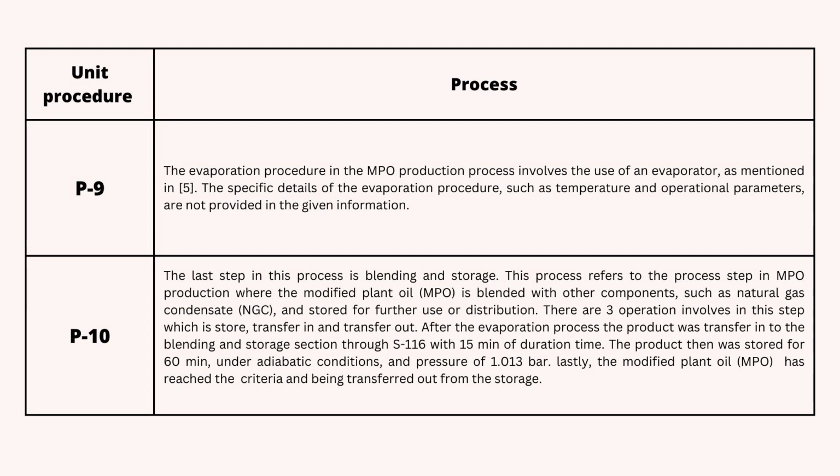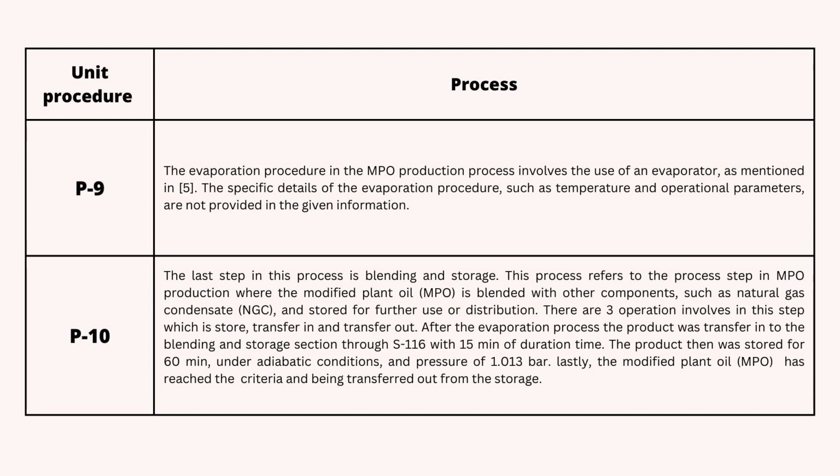This refers to the process step in MPO production where the modified plant oil MPO is blended with other components such as natural gas condensate NGC and stored for further use or distribution. There are 3 operations involved in this step, which are store, transfer in and transfer out.